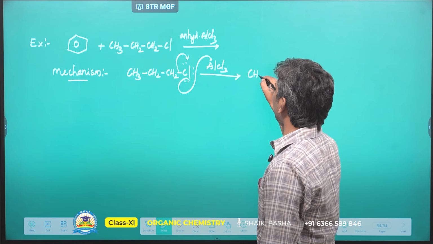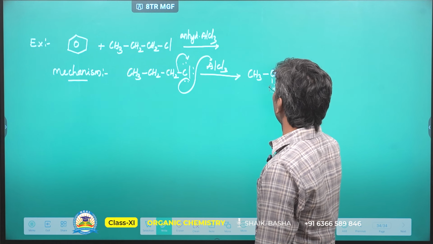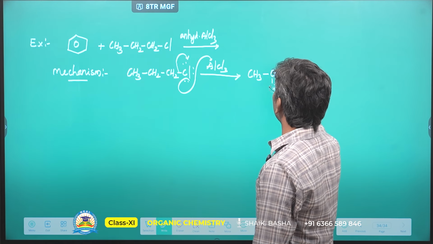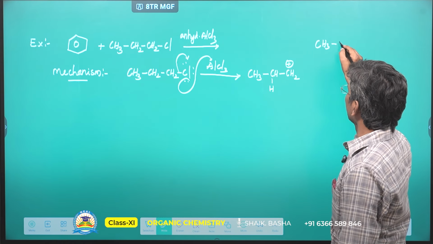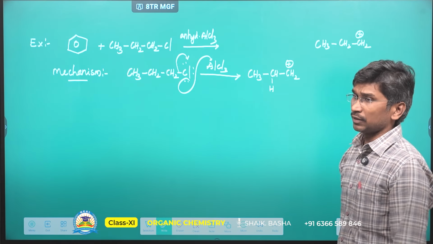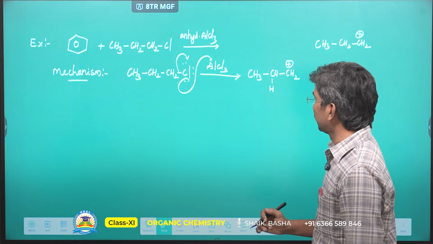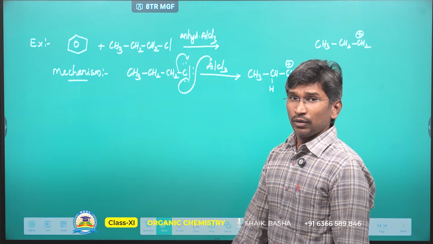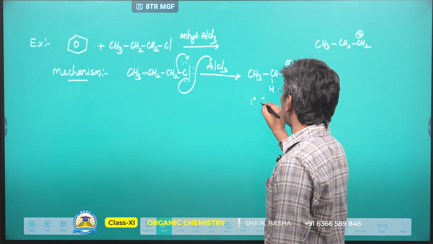Then the electrophile will be formed, CH3CH2CH2 plus. Of course, I can also represent this as CH3CH2CH2 plus. Both are the same only. Here the electrophile is formed, that is nothing but a carbocation. What type of carbocation? Primary carbocation.